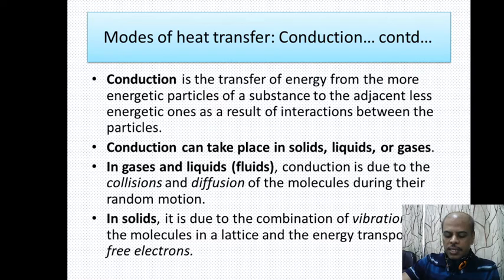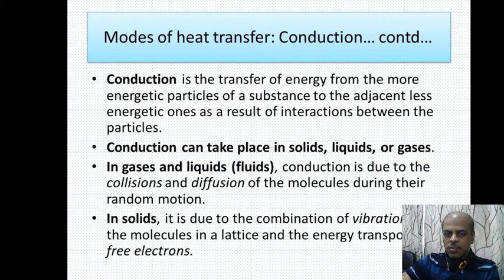Particles here means very small parts, say molecules, or, as you have studied in material science, things like lattice structure. As you supply energy to it, it starts vibrating, and when it is vibrating it is moving. When it is moving, it transfers the heat from one point to another, or say from one molecule to an adjacent molecule.